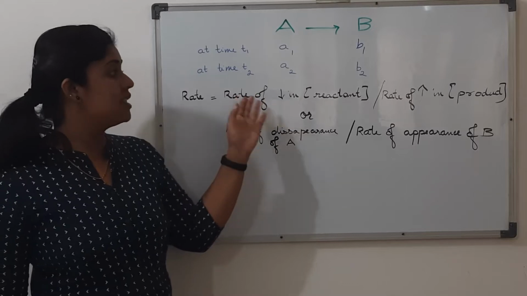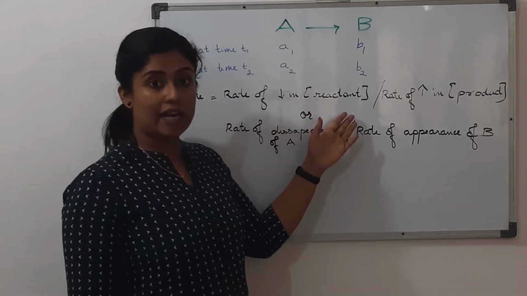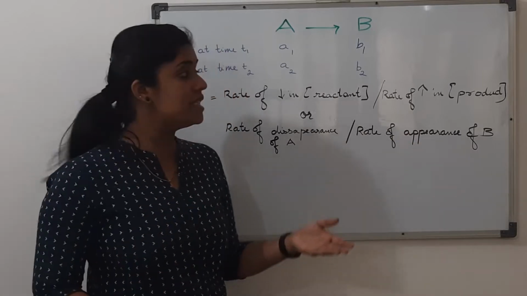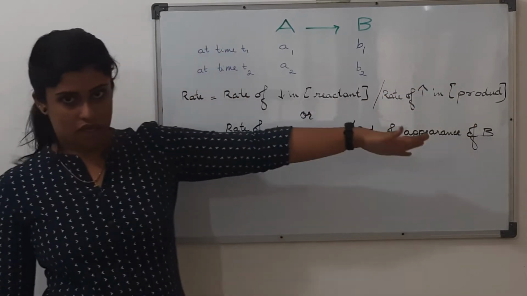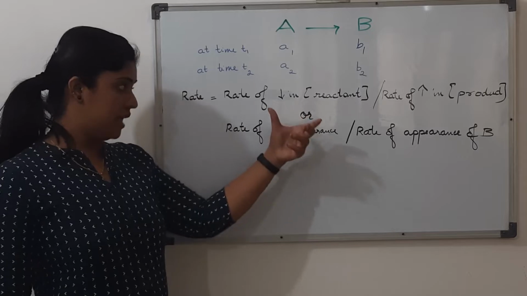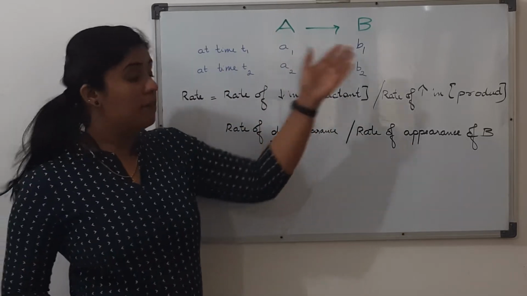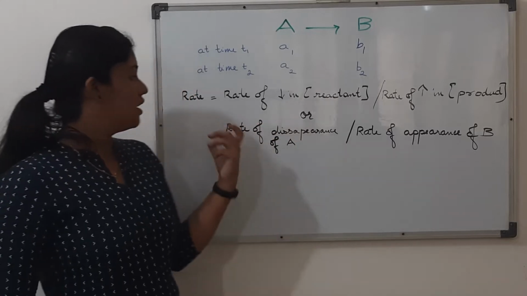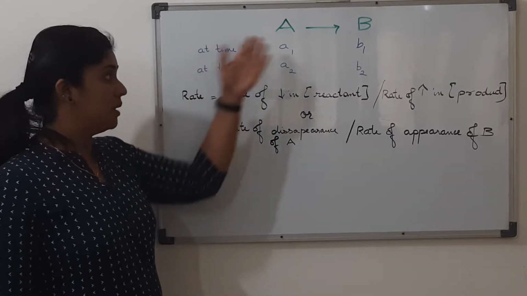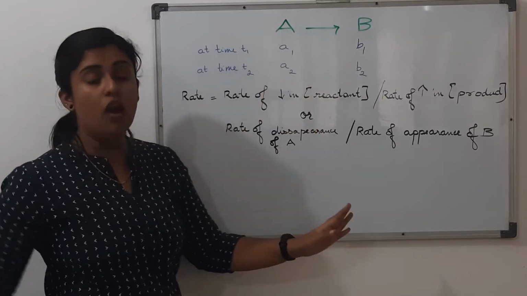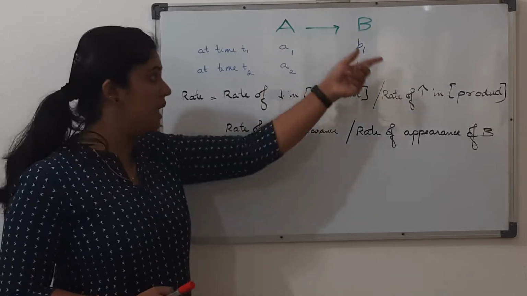Or it can also be the rate of increase in the concentration of the product. Or you can say that as the reaction proceeds, A is disappearing and B is appearing. So the rate of the chemical reaction A giving B is the rate of disappearance of A or the rate of appearance of B.